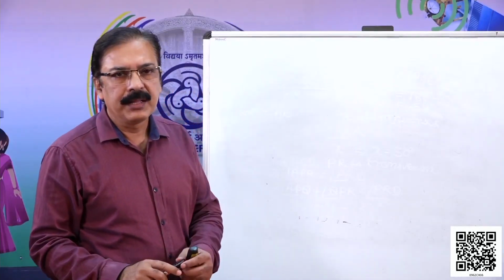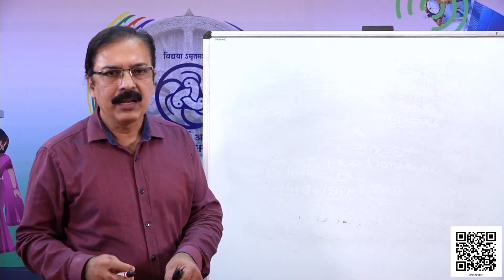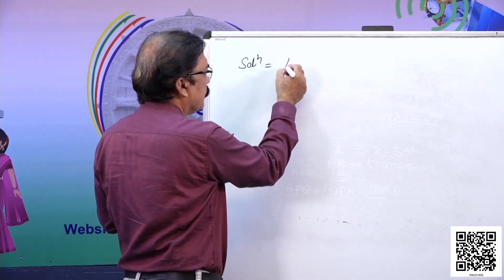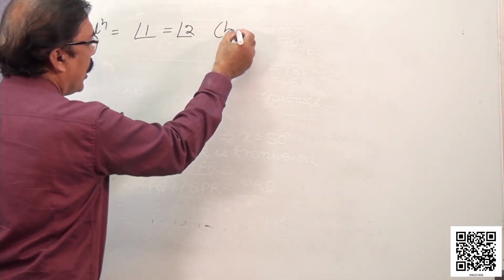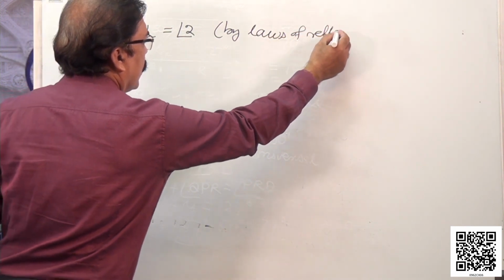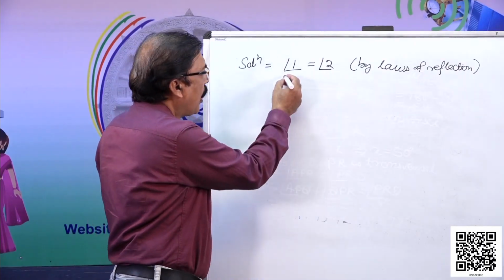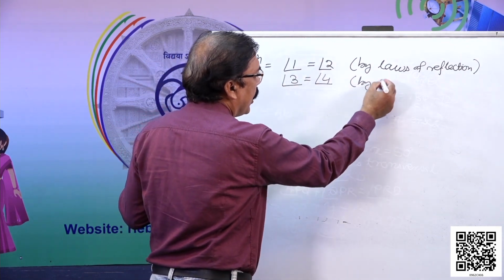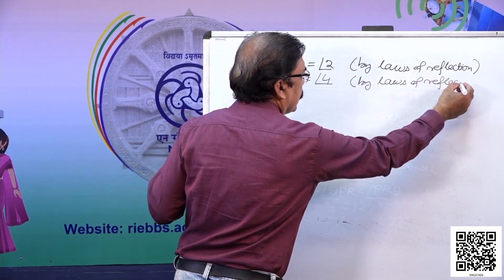So using this law, we can solve this. As you see in this figure, angle 1 and angle 2 are equal. Angle 1 is equal to angle 2 by laws of reflection. Similarly, angle 3 is equal to angle 4 again by laws of reflection.